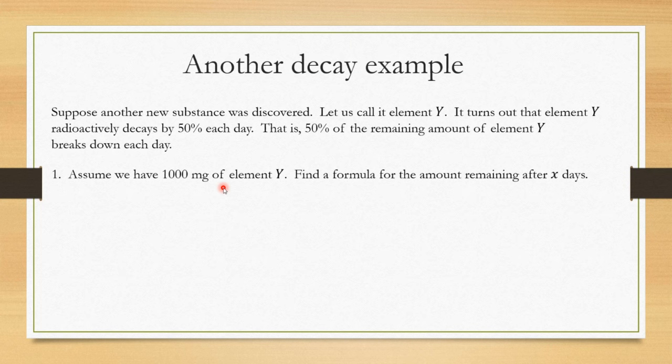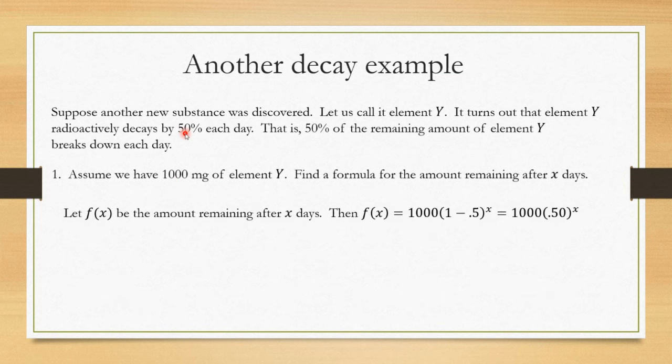Well, we have our initial condition, 1,000 milligrams. Our R is 0.5. And since the amount is decreasing, we have decay, so we're going to have the minus. And so we get this. That's our formula.